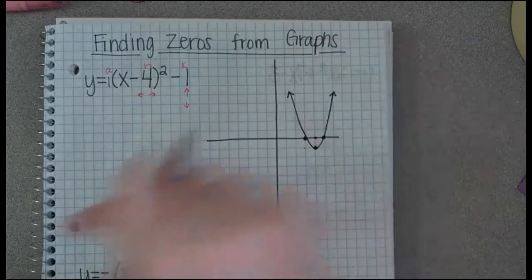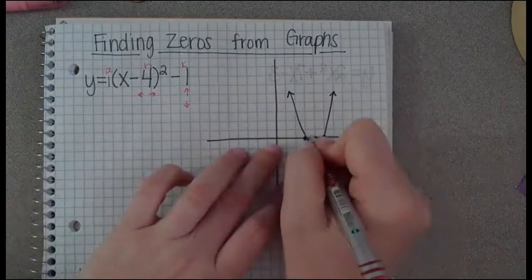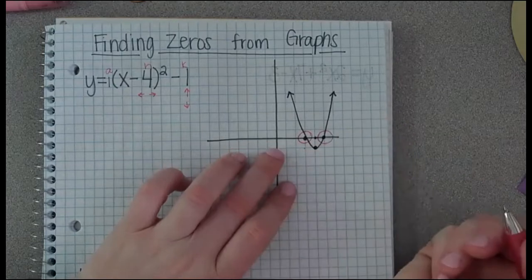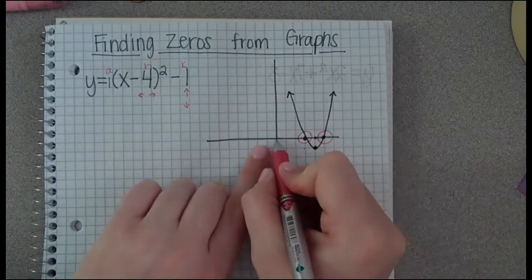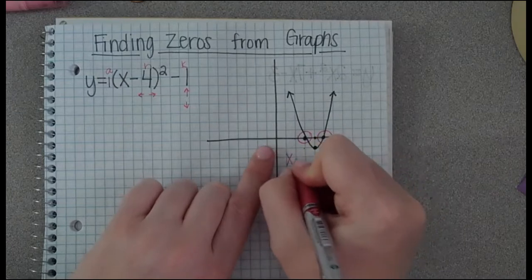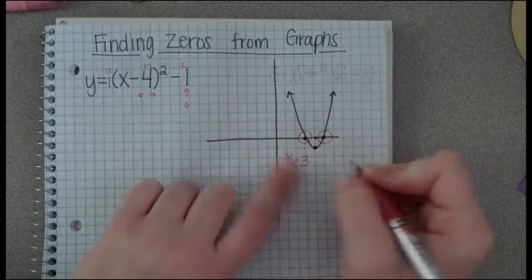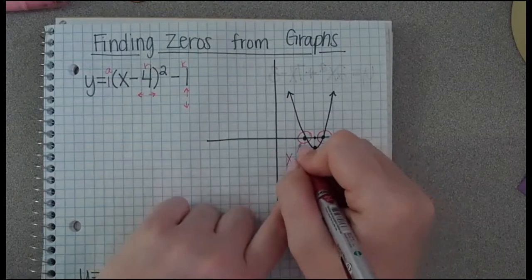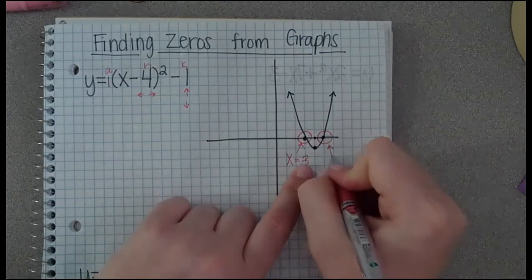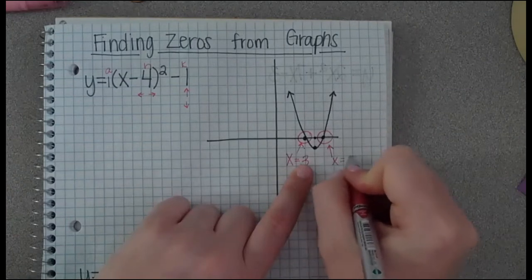So our zeros on this graph, remember that's our zeros or our roots, they're the same thing, would be at 1, 2, 3. So when X equals 3, and 1, 2, 3, 4, 5, so when X equals 5.